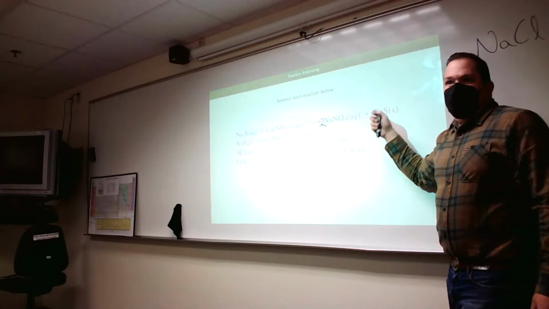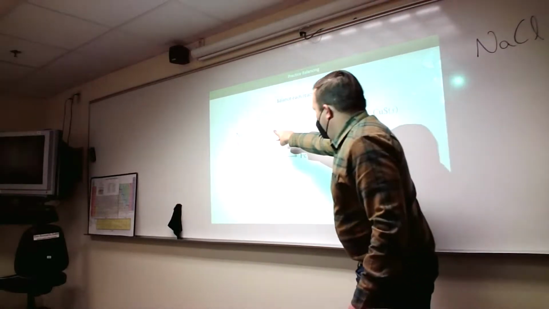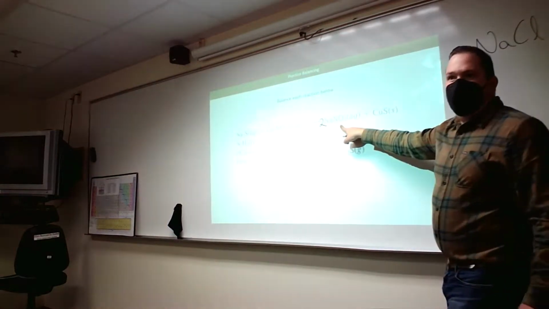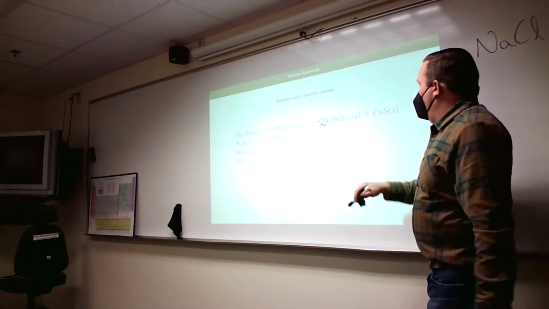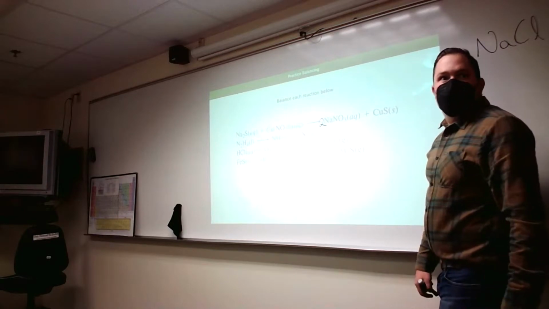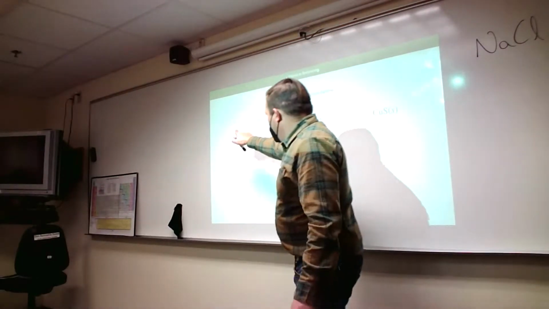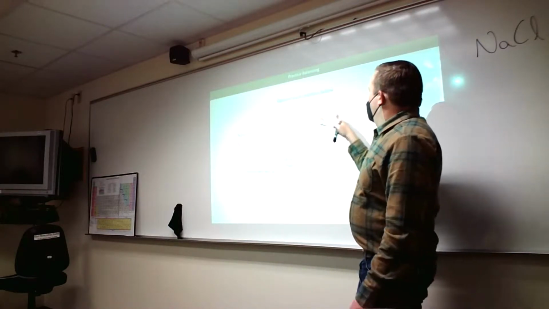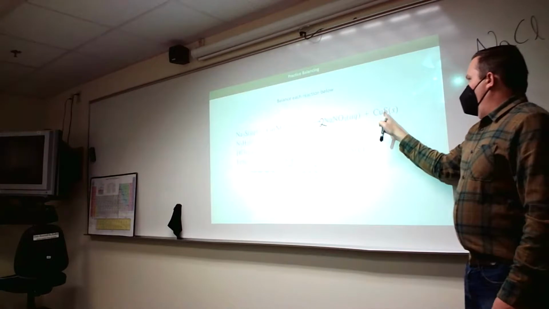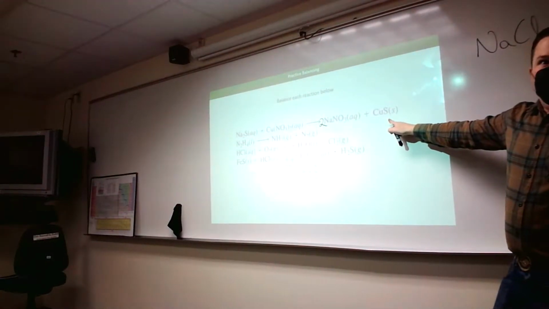We'll just balance it in terms of nitrates. So two nitrates on the left, two nitrates on the right. So this one's good. And just like everything else, if we don't write a number in front of it, we can assume it's 1. We have 1 sodium sulfide plus 1 copper nitrate turns into 2 sodium nitrates and 1 copper sulfide.